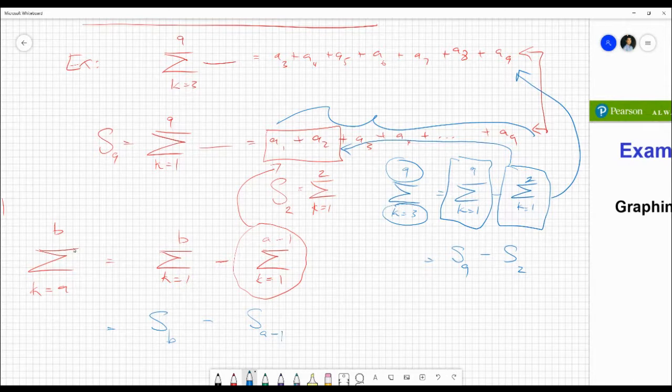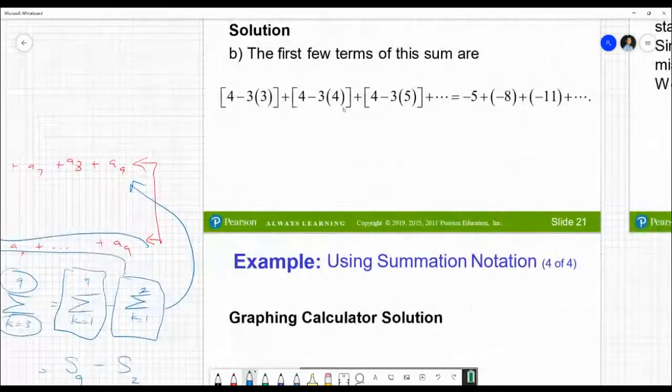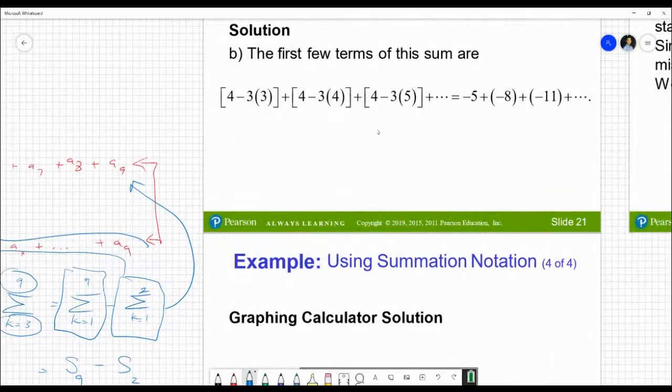So therefore, this right here is K equals A to B. So you can actually use the formula for a series in order to find out what this is equal to without having to list out every single value. So let's do this problem without having to list out every single value like this.